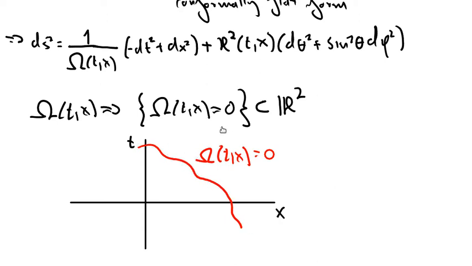Okay, but also we have an additional singularity at those points in which R, capital R, is equal to 0. So we also have to consider points such that big R is equal to 0, another subset of R2.